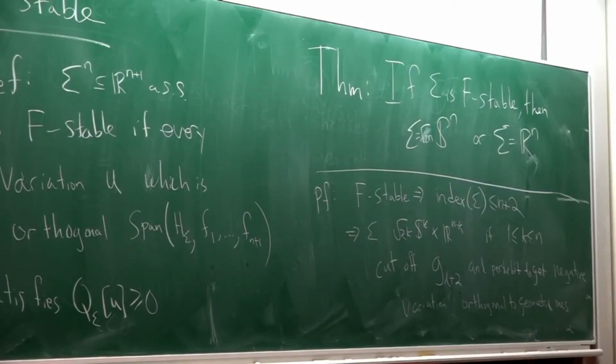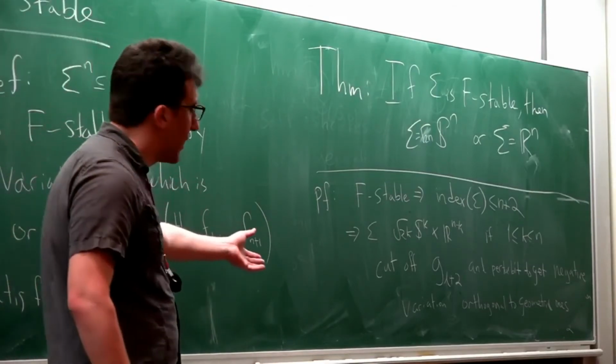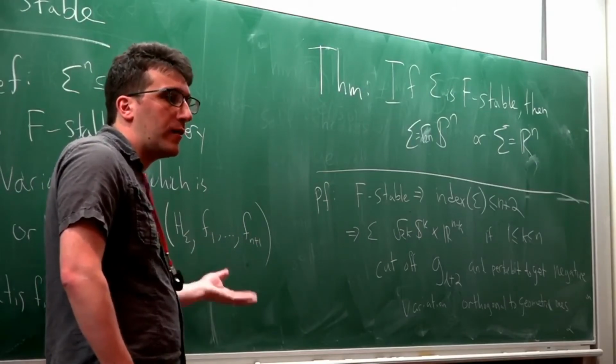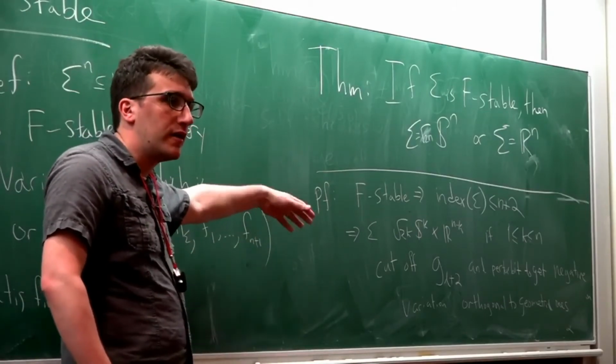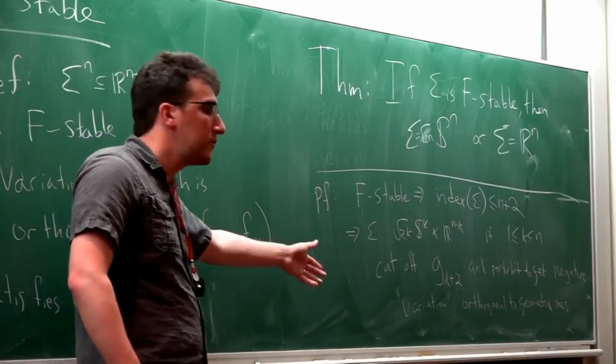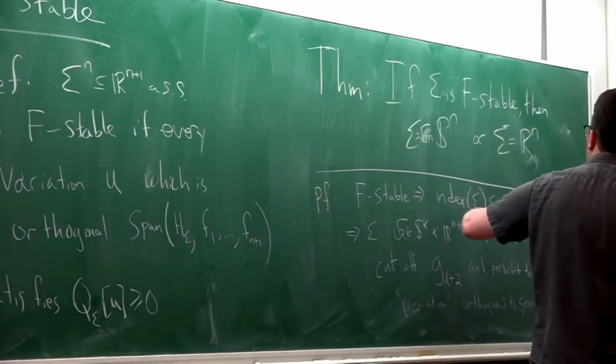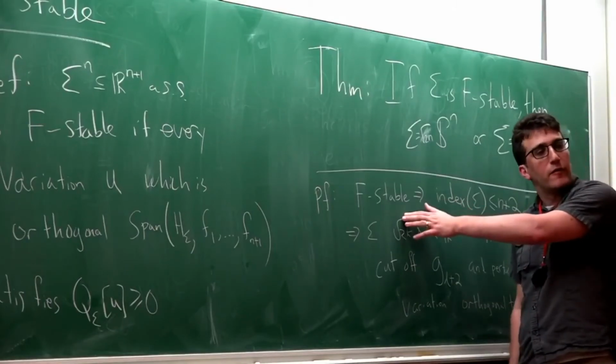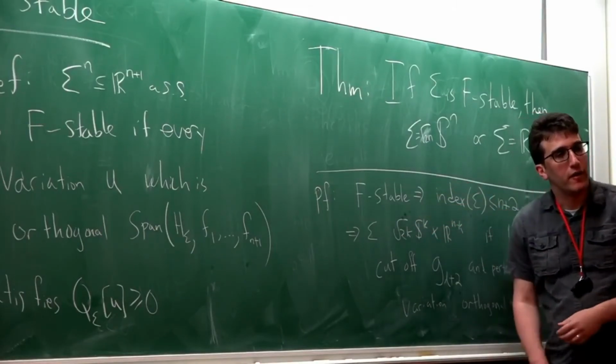And then by the min-max characterization of eigenvalues, that would mean you would have actually at least n plus 3 eigenfunctions with negative eigenvalue. So that means there has to be at least one of them that's orthogonal to all of these. And since it's compact, it's compactly supported, so it's a negative variation, which means it's F-unstable. So in other words, if the index is strictly bigger than n plus 2, and you're closed, then you're F-unstable by this argument I just gave.